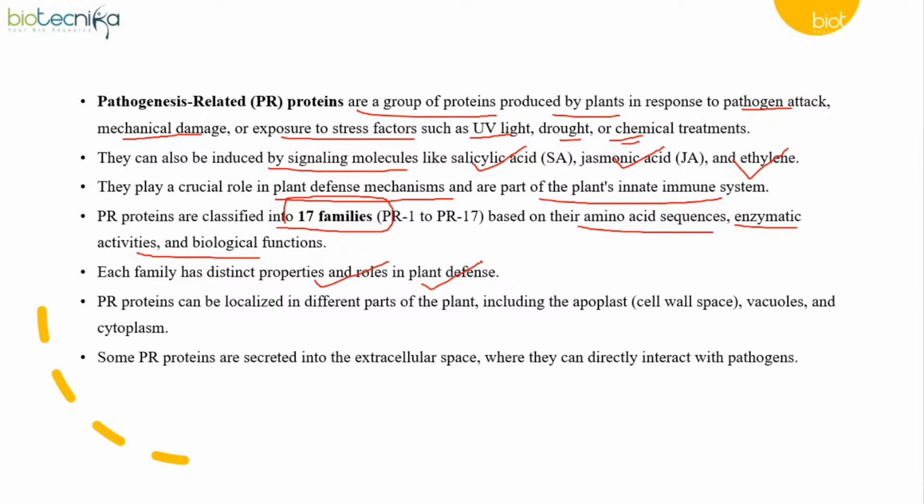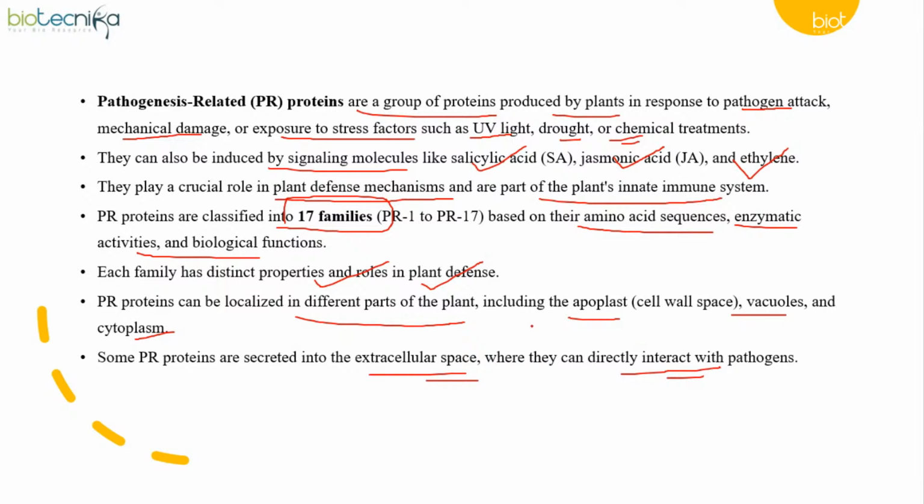So if you ask me where these proteins are located, well, they are located in different parts of the plant. They can be located in the apoplast, that is the cell wall space. They can be located in vacuoles, cytoplasm, even extracellular space where they can directly interact with the pathogens.